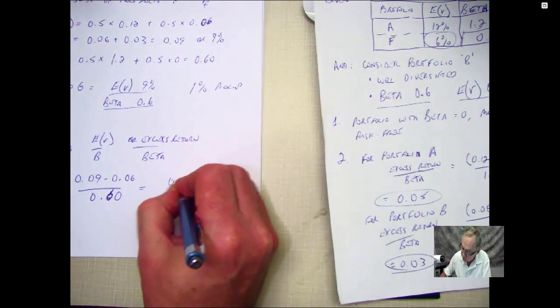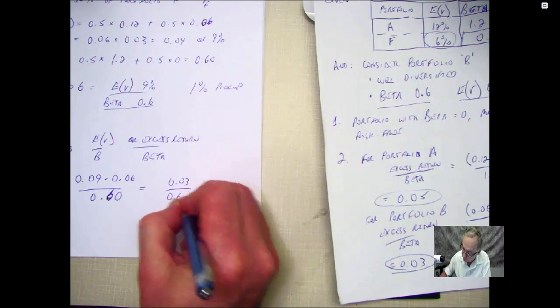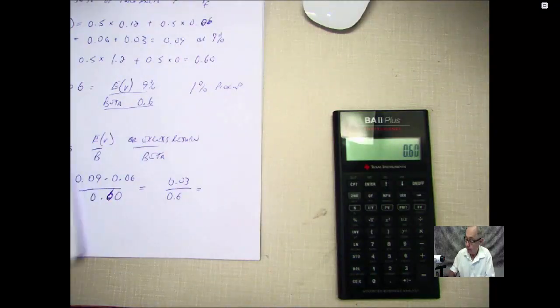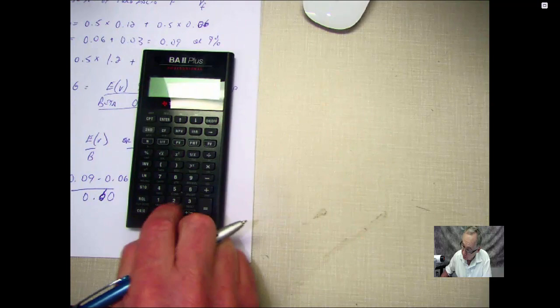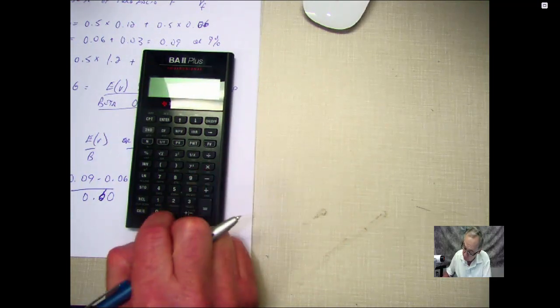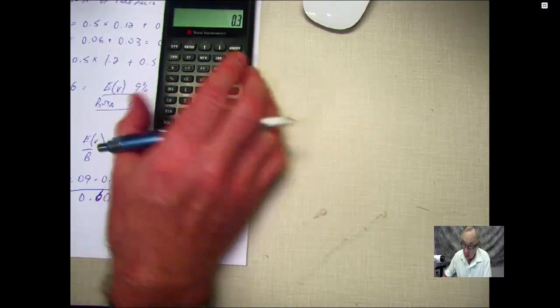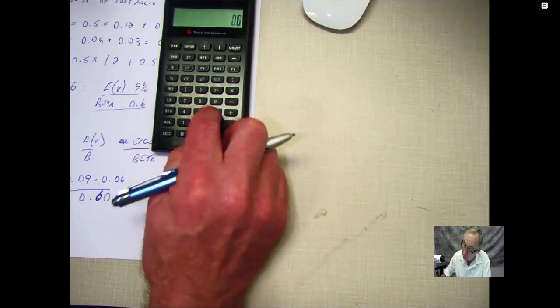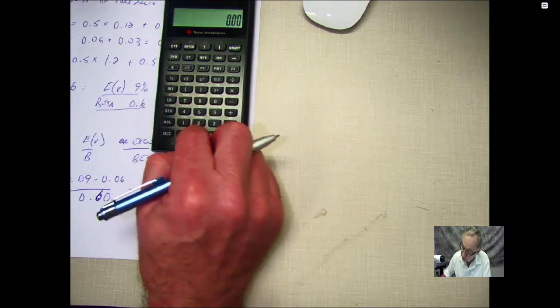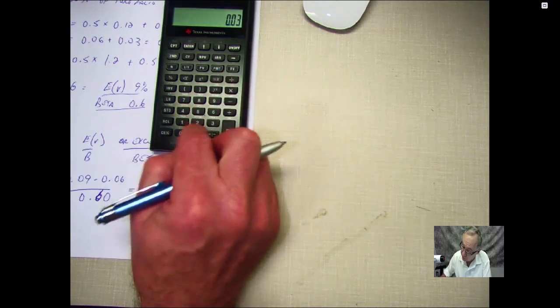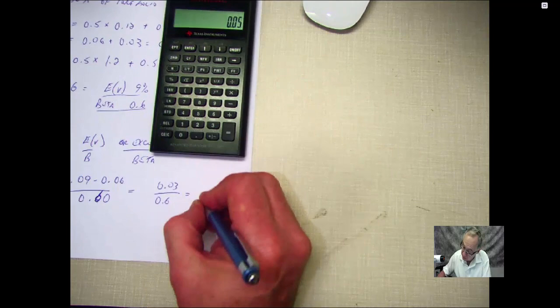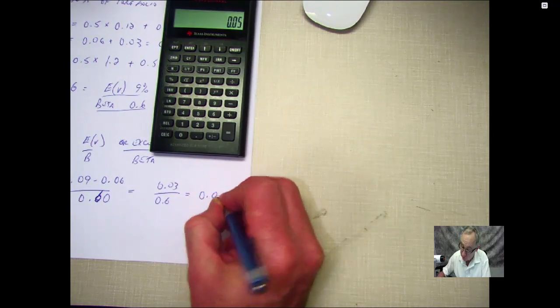So 0.03 divided by 0.6. That wouldn't be correct. 0.03 divided by 0.6 is 0.05.